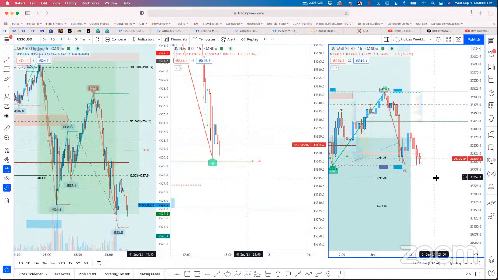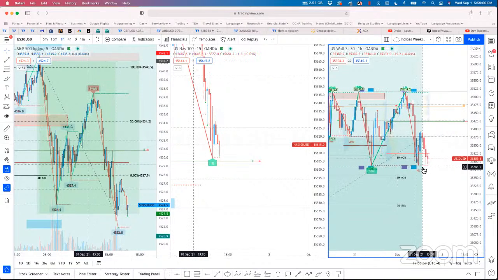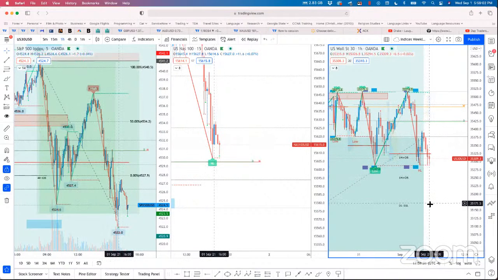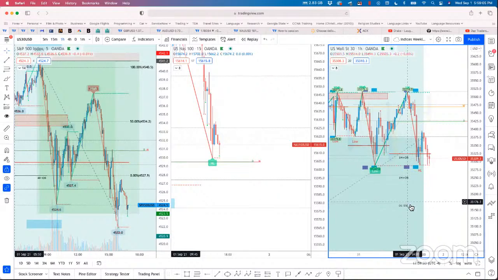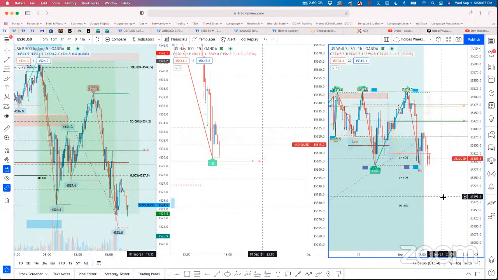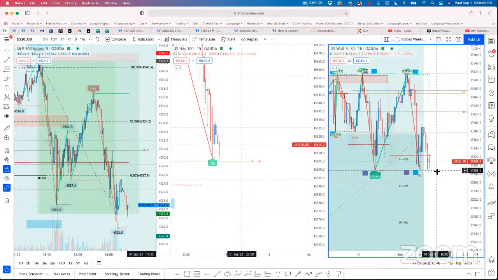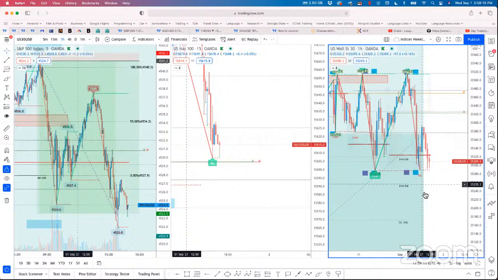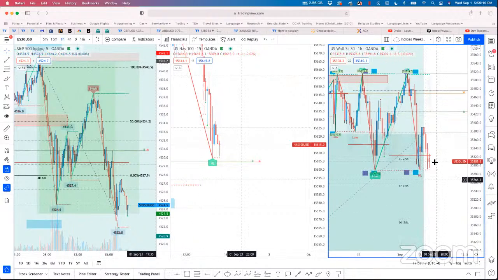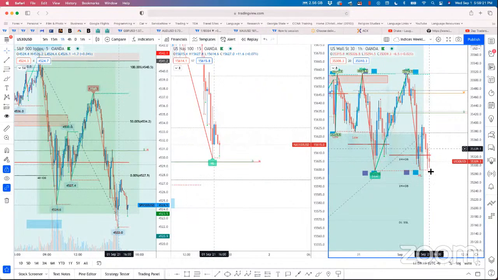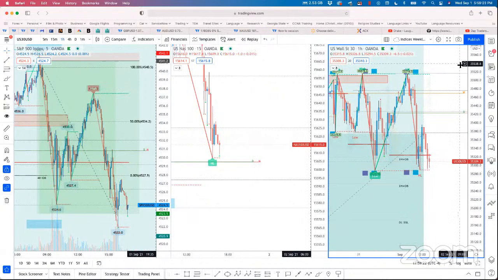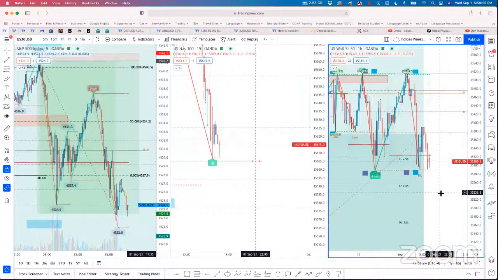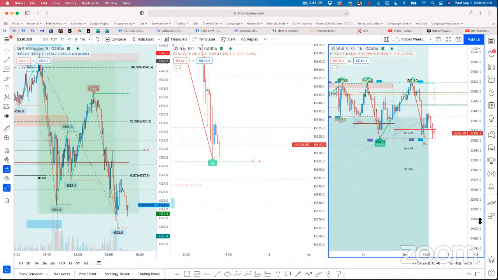We got an equal low on US 30 that might hold, and then we got these two order blocks and this liquidity from the daily right here. So I think that before we move up, with these equal lows right here, this order block and this liquidity here, we'll probably see them take that and then push up before we get a really strong up move again.